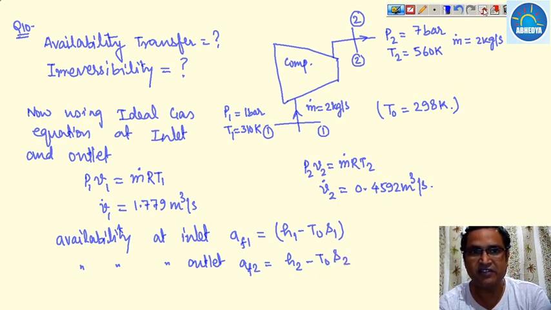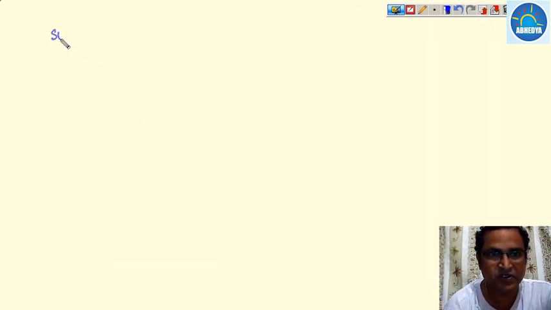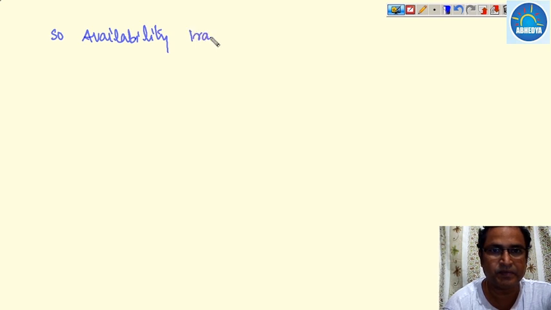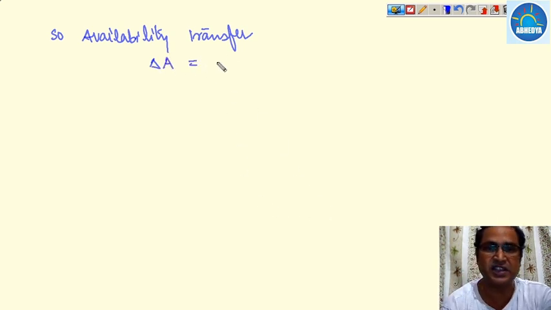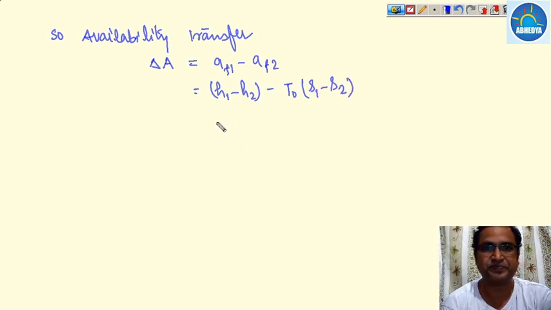So the change in availability, or availability transfer, suppose I write it as capital delta A, is nothing but AF1 minus AF2, that is H1 minus H2 minus T0 times S1 minus S2.